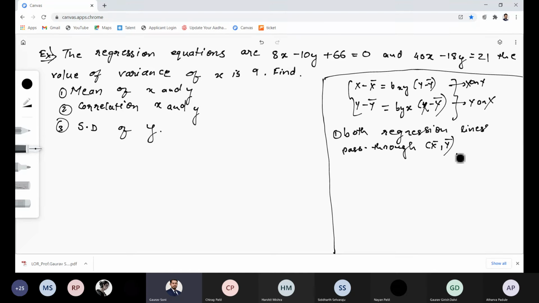Now come back to the question. The first one is mean of x and y. The two equations are given and I want to find the mean of two variables. Since both the lines pass through x bar, y bar, I will solve those equations simultaneously. Once I solve it simultaneously, I will get the mean. Fine.